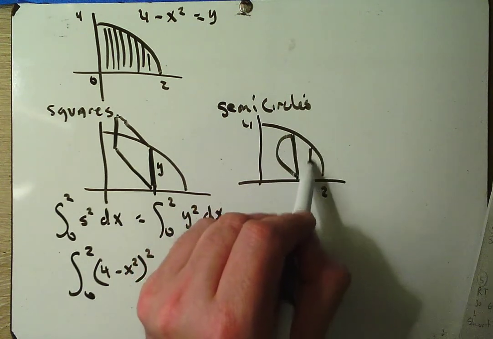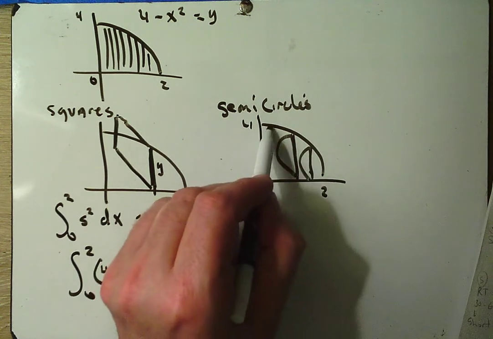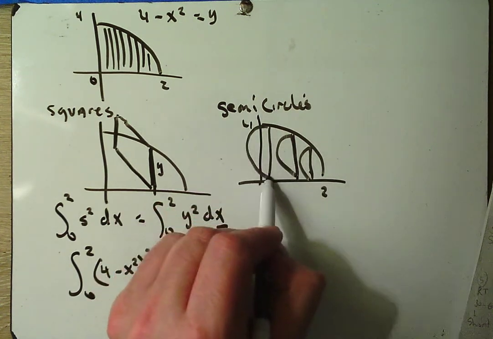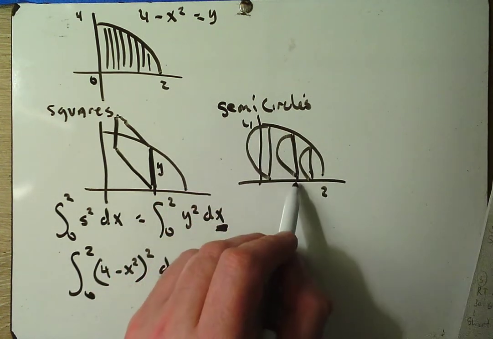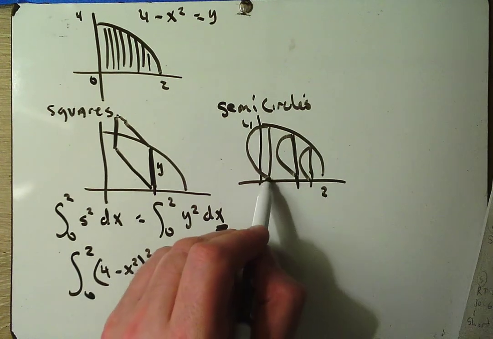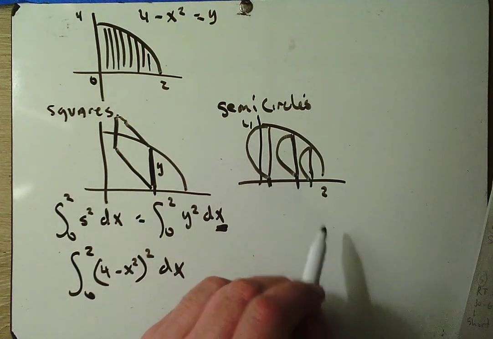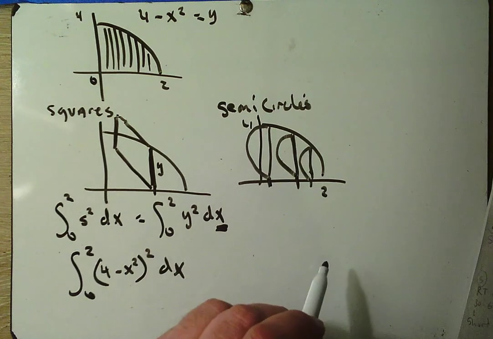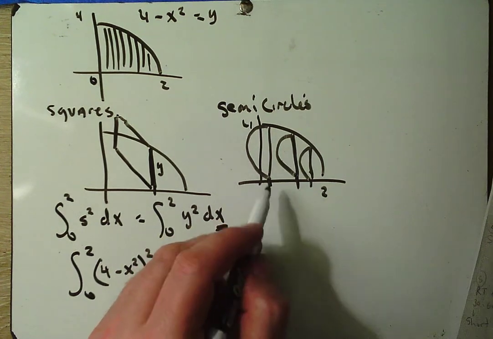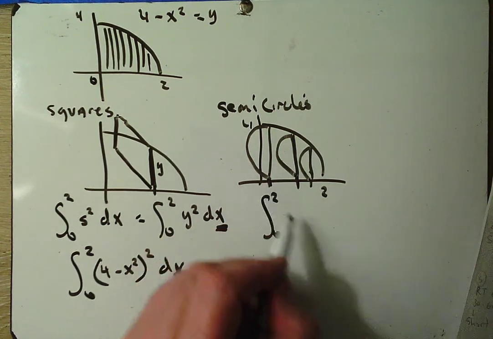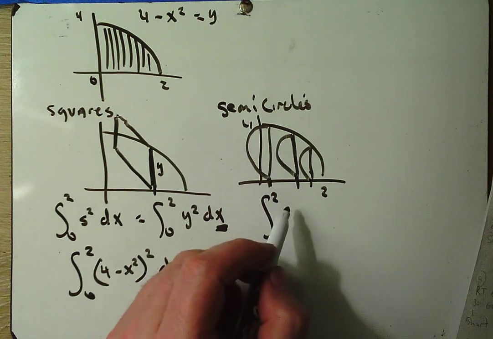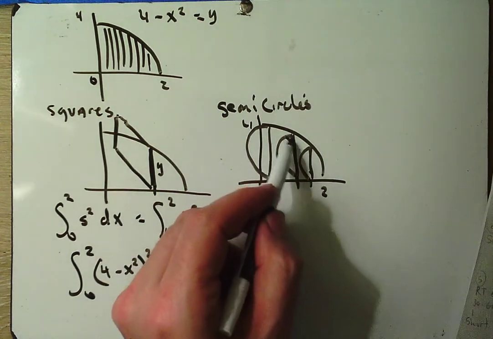So these are the semicircles that we're talking about. Again, the thickness of each of these slices would be measured on the x-axis, so it's a dx integral we've got. And again, we're integrating from 0 to 2. And again, we're integrating the area.